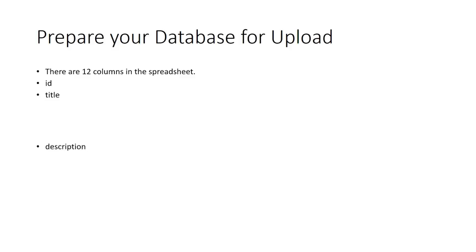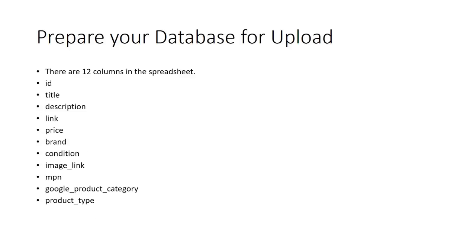Okay, so let's talk about this, because this is important for your success, all right? So there are 12 columns in the spreadsheet that you must fill out: ID, title, description, link, price, brand, condition, image link, MPN number, Google product category, product type, and availability. Whoa, Max, what is all that? Well, guess what? We're going to talk about these one at a time and what their importance is to you.